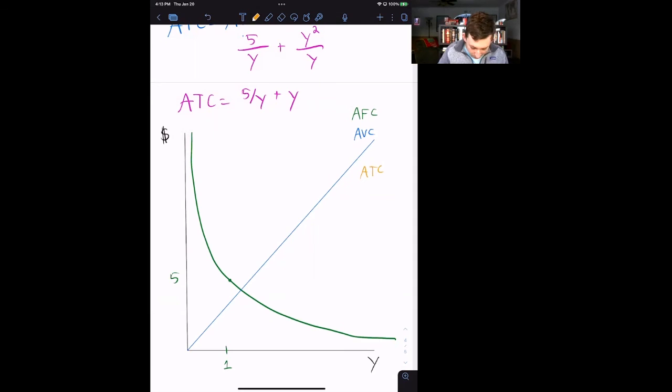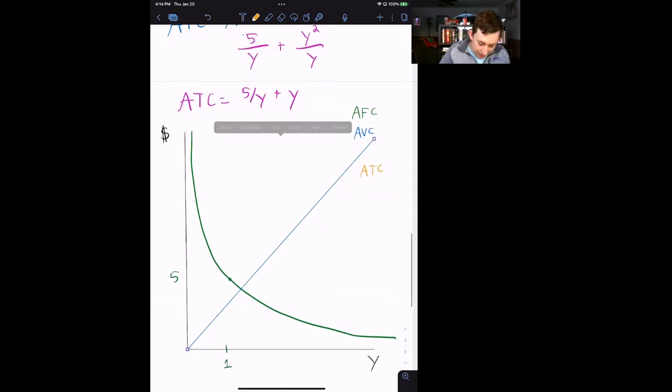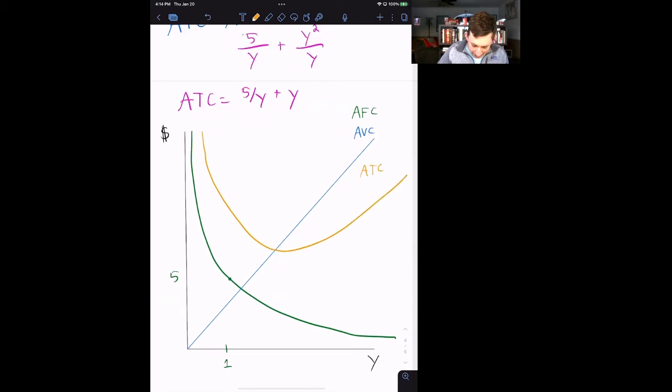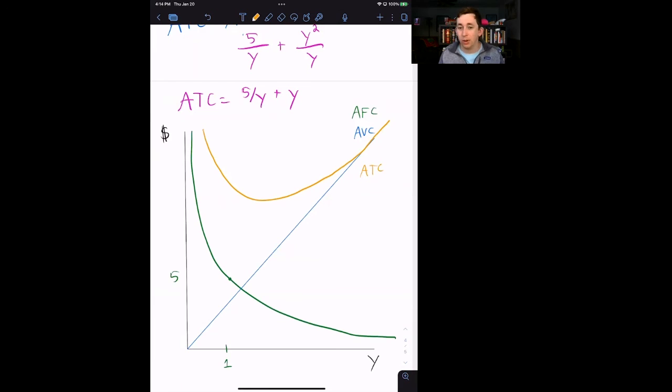So it is going to look something like this, where it's going to go like this and then become a line, because at some point it is going to approach the average variable cost, because the average fixed cost is going to 0.